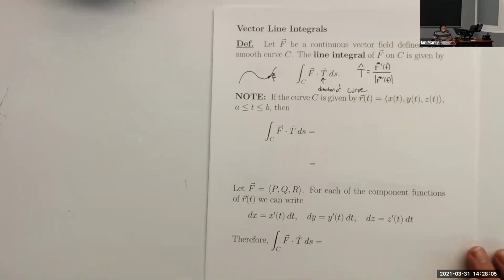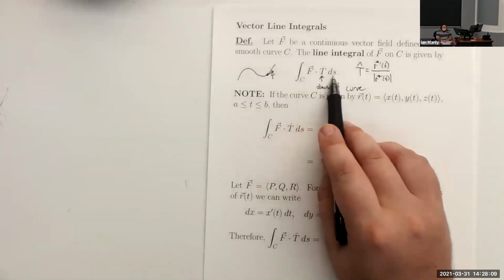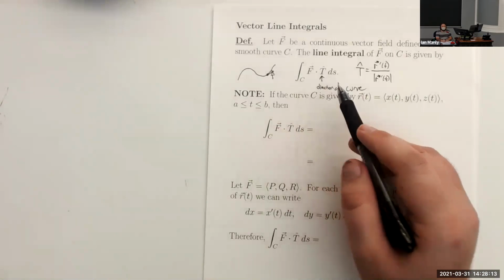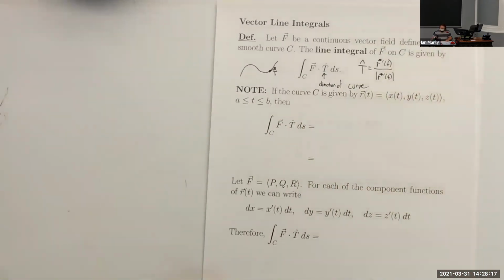All right. Now I guess we could do this integral like this, but having ds is kind of awkward. So kind of like with the scalar line integrals, we're going to find a better way of doing these than before.